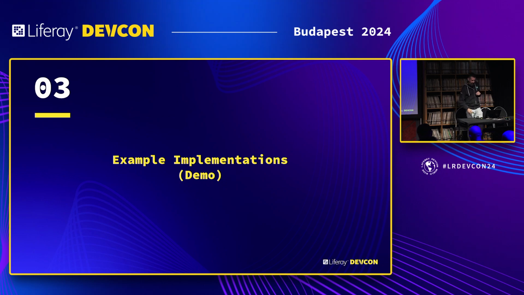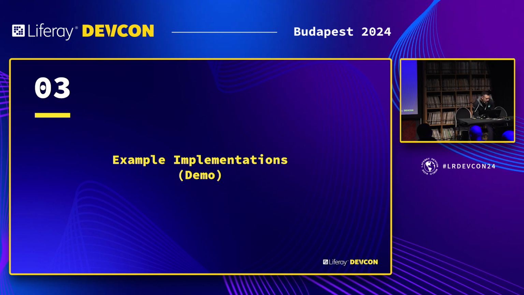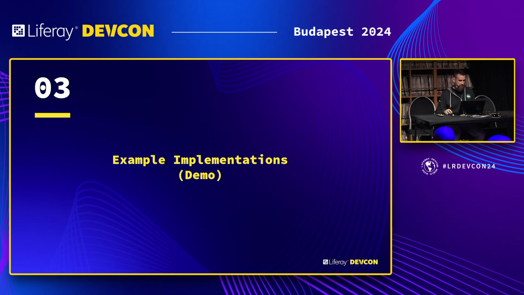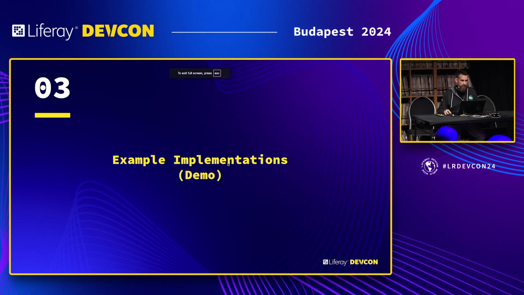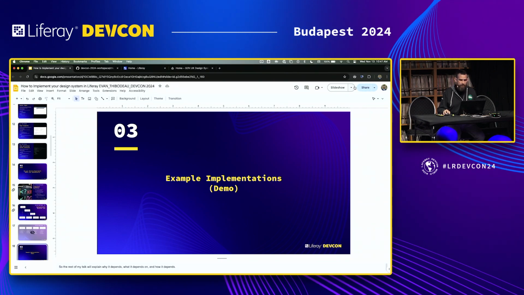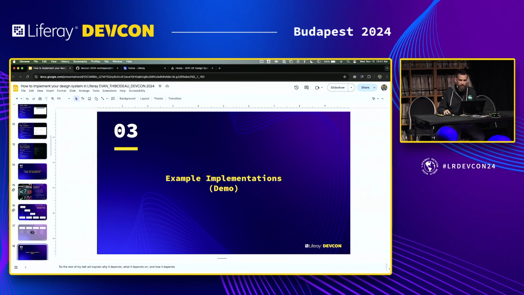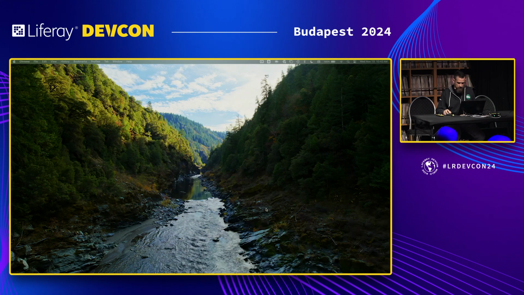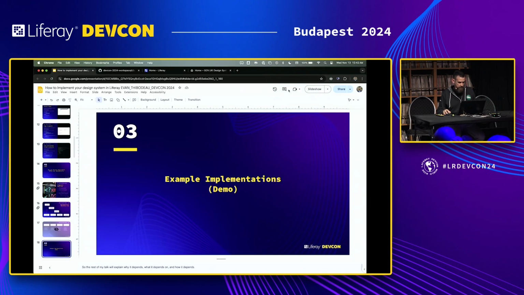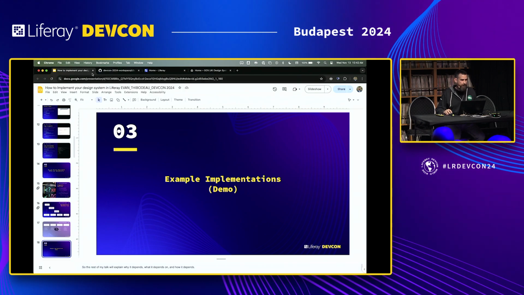All right, so for an example, let's take a look at the demo. Let's jump into this a bit more. Let me switch over and get this up. All right.